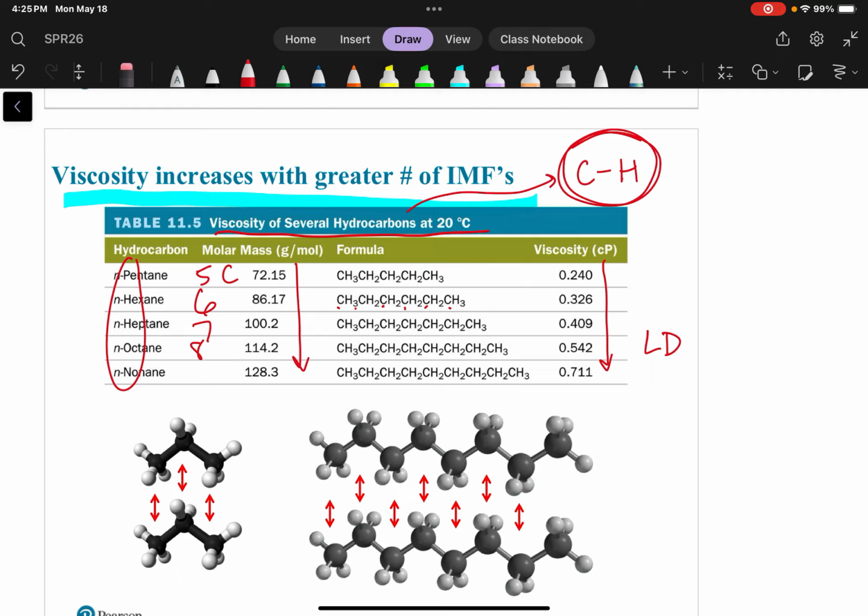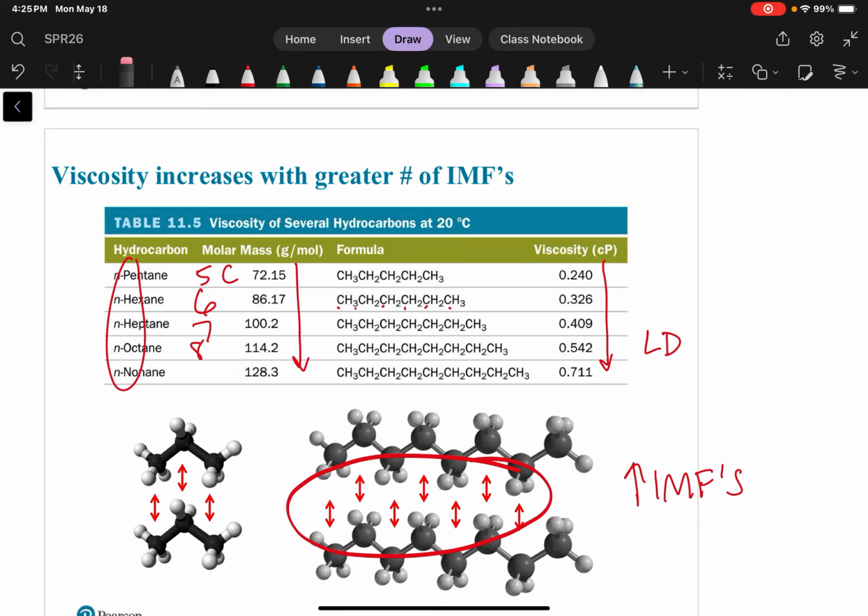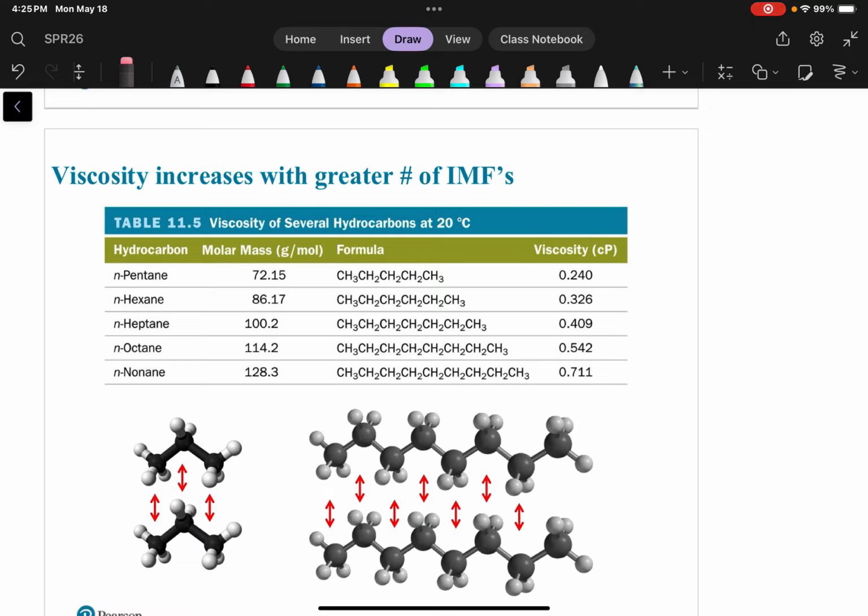Even though those are pretty low viscosities overall, because we don't have a ton of strong intermolecular forces, we do have lots and lots of London dispersion forces. And more London dispersion forces means greater IMFs overall, just because you have lots of them. Think of our gecko example. That's how geckos can climb walls. So the more you have, the greater the viscosity, the higher the resistance to flow, because you've got all of those interactions holding your shape.